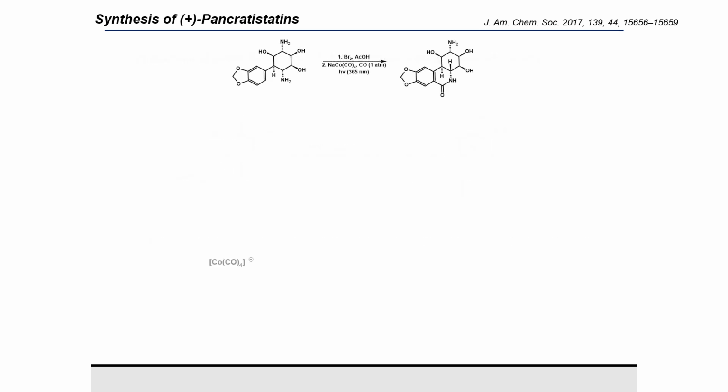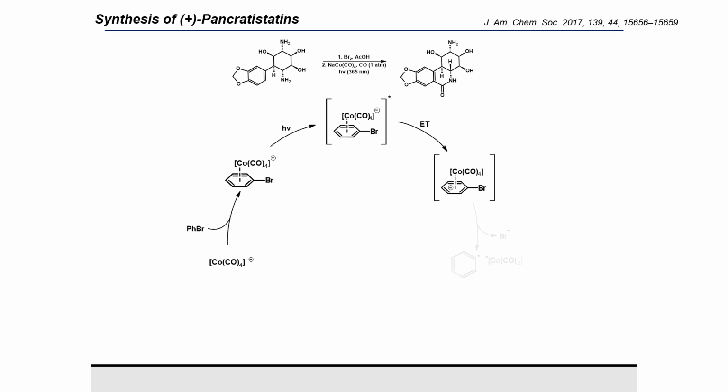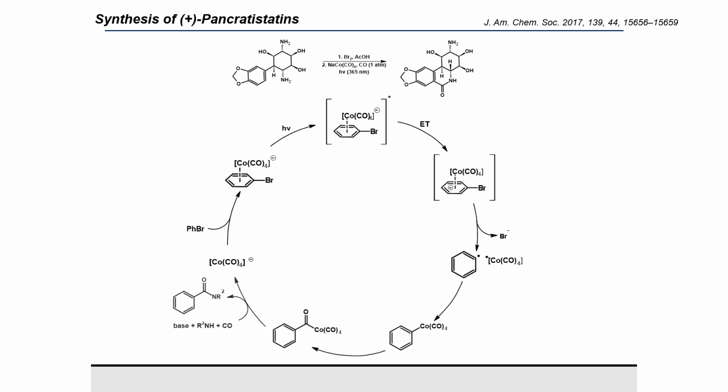So the proposed mechanism for this reaction is, first of all, the cobaltate anion, which is the ligand coordinates to the aryl halide. Then light promotes charge transfer of the donor-acceptor complex, and then loss of halide through an SRN1 mechanism leads to the radical pair, which then recombines in the solvent cage to form an aryl cobalt species.